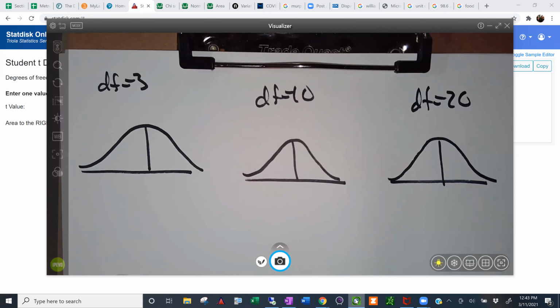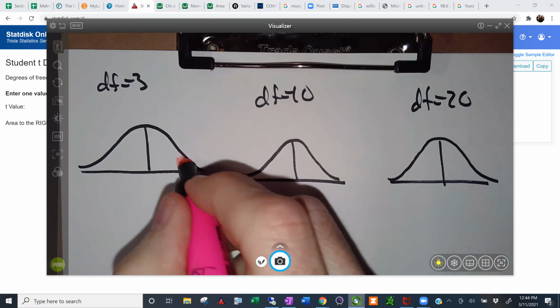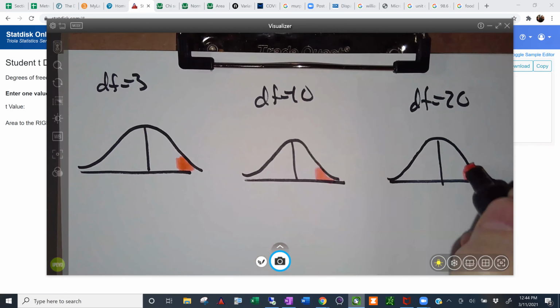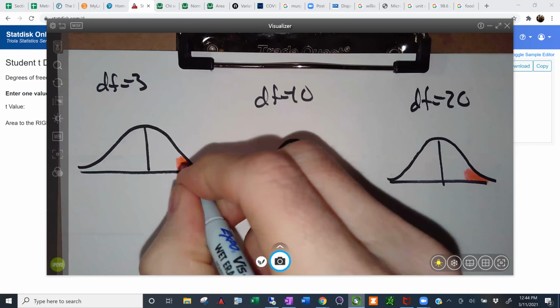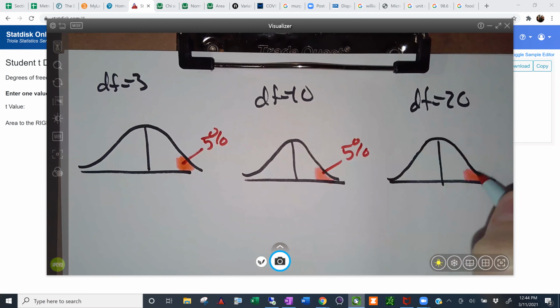I want to find the point on the student t distribution with 5% of the area in the right tail. This is just a problem I'm making up here so that we can practice finding these things. So 5%, 5%, and 5%. Let's see how this changes.